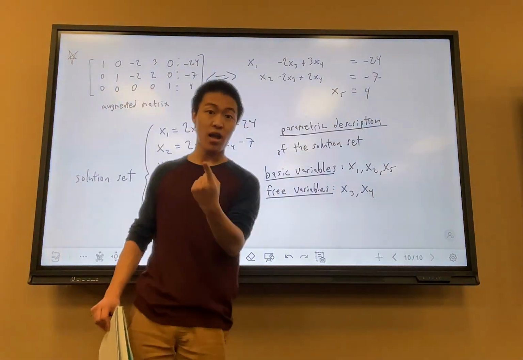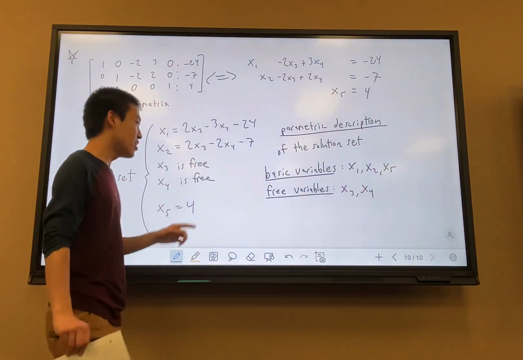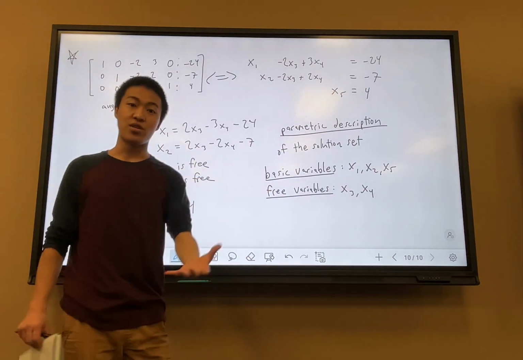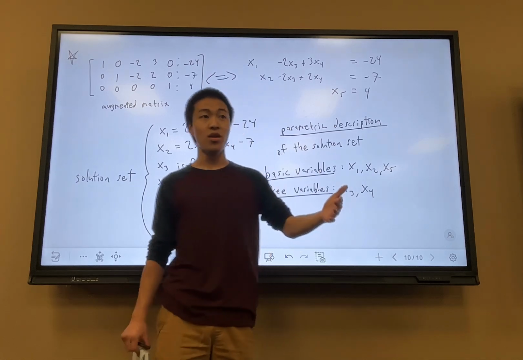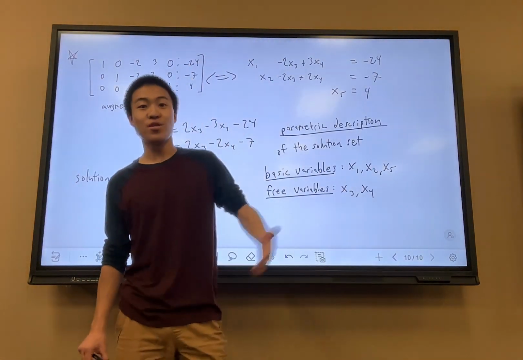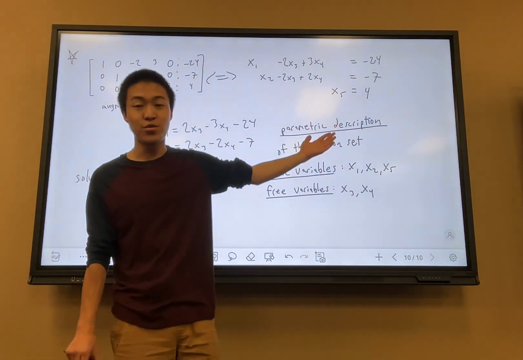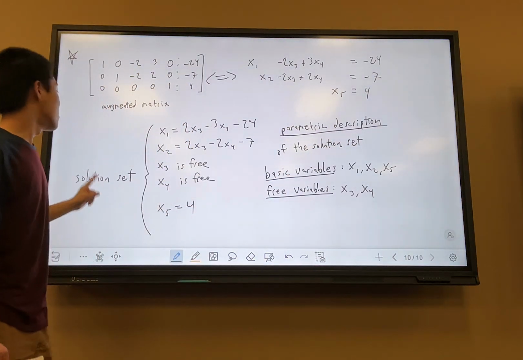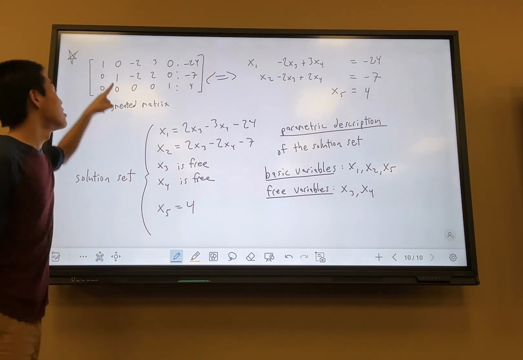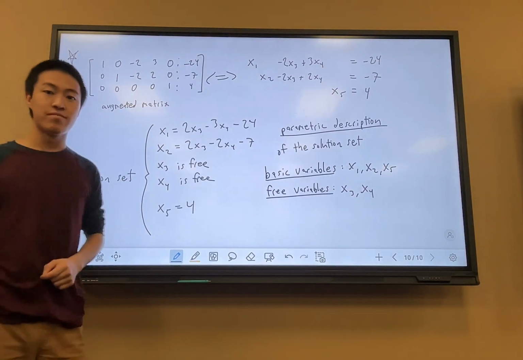Unique means 1, so we only have one solution. If we have free variables, that means there's going to be more than one option. And the moment you introduce more than one with a linear system, you've now introduced infinitely many. So in this case, there are infinitely many solutions in our solution set to this system of equations.